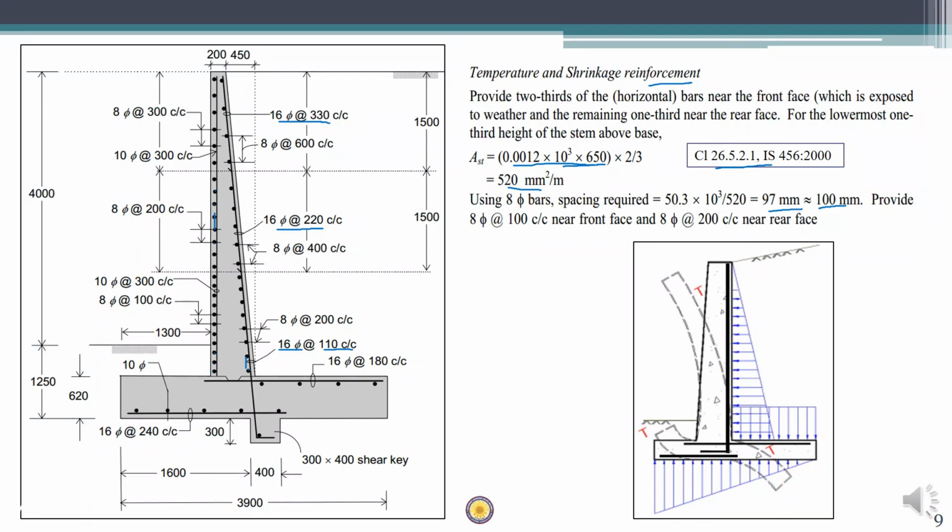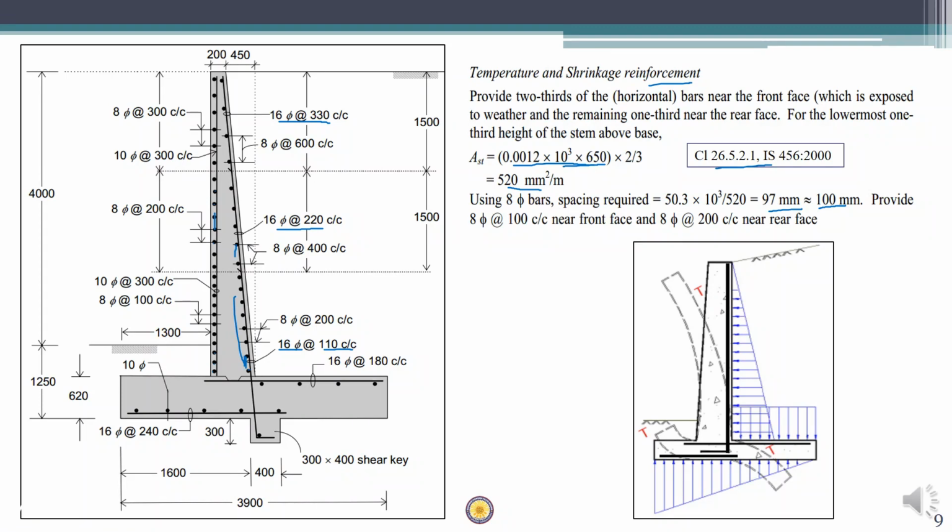Here we have a smaller spacing, which is 8 mm bars at 200 millimeters. Then in the second middle portion the temperature reinforcements are at a higher spacing, which is 400 millimeters center to center, and in the topmost portion the temperature reinforcements are given at a spacing of 600 center to center.